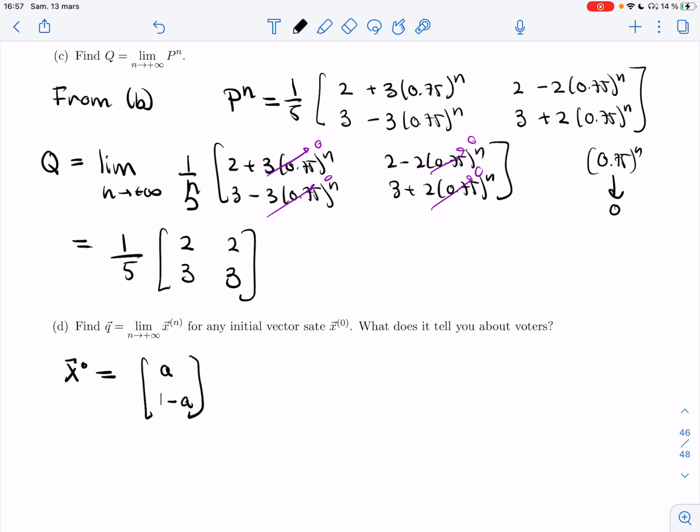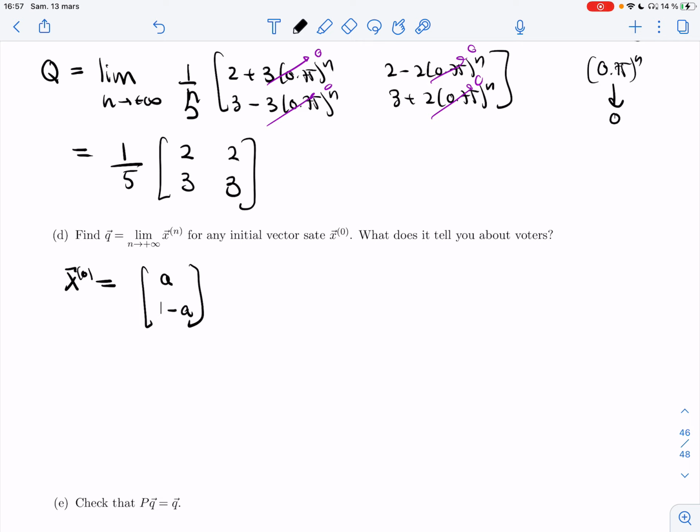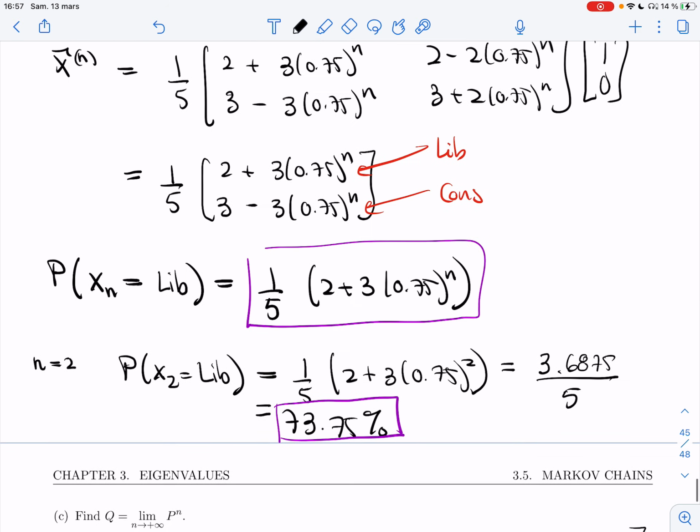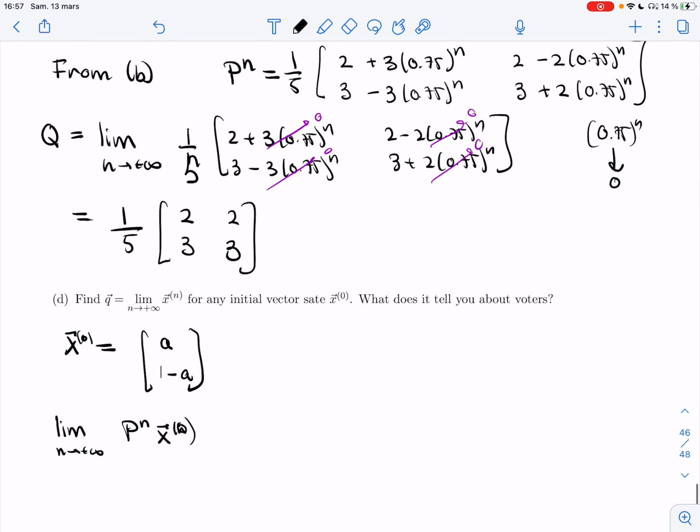And so I want the limit as n goes to positive infinity of P to the n x0. We've actually computed it here for (1, 0), but let's just compute it for all.